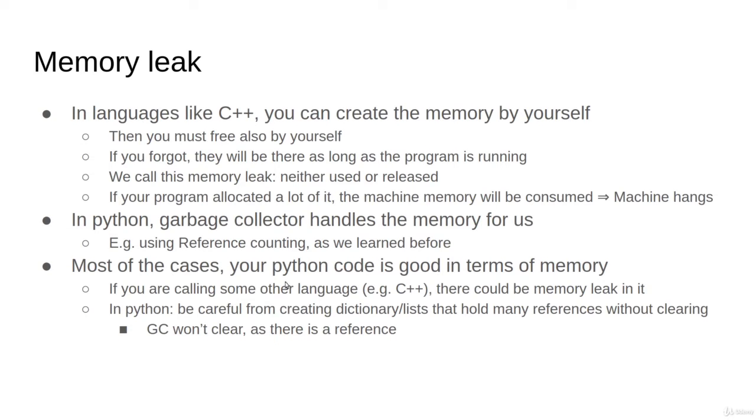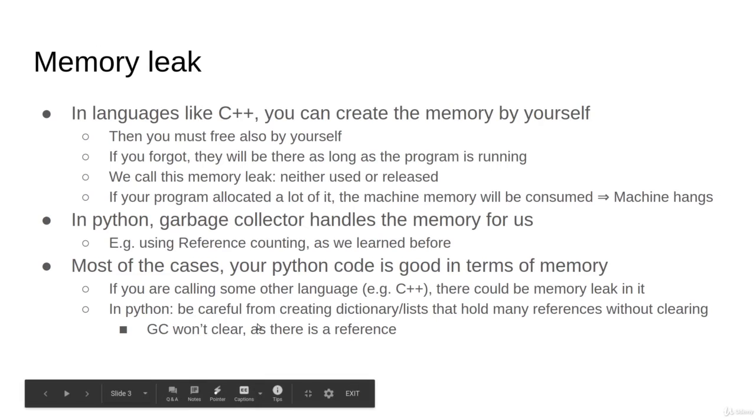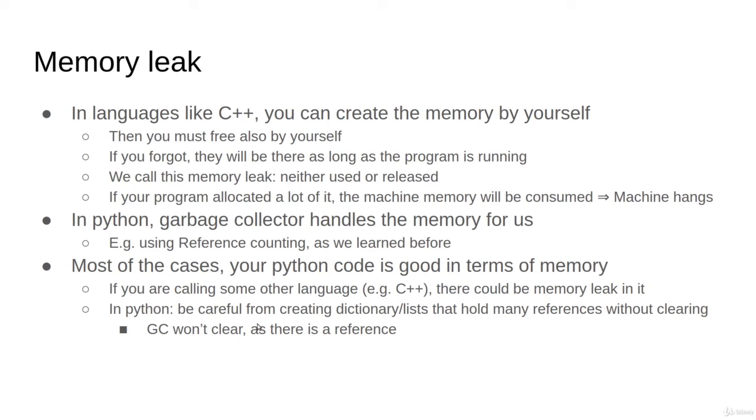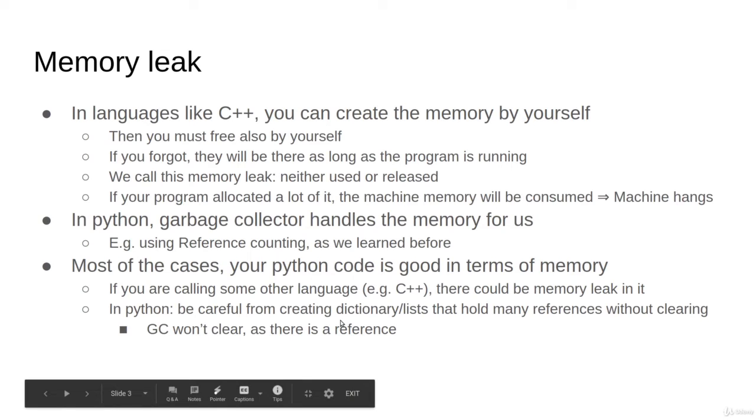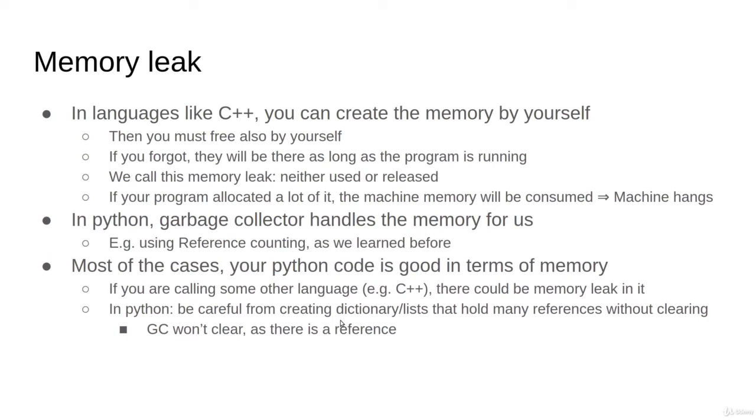Sometimes people aren't aware of that, and this causes problems. Let's say that you have some dictionary, and for some reason you keep putting objects in this dictionary and you never remove them. What will happen is Python will find that there is a reference all the time for these objects. This means that you are using them, and then these objects will never be removed.